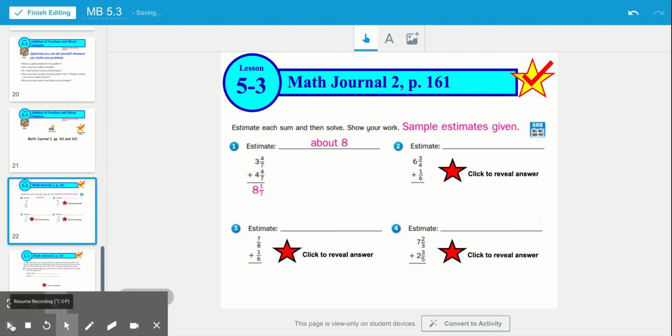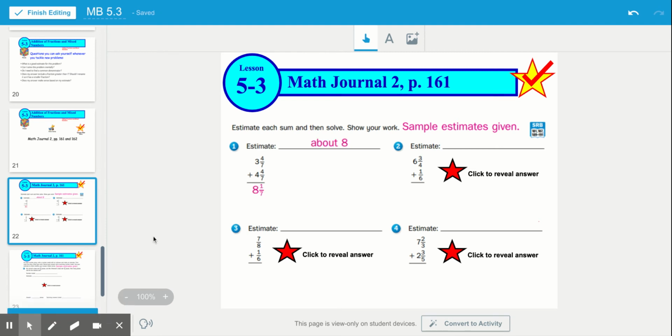Number 1, you can see the estimate is about 8, and the reason they did this was because 3 and 4/7, we could round that up to 4, and then 4 and 4/7, it'd be about 4.5, and so they're just saying, okay, the answer is going to be around 8. You can see that they took 4 plus 4, which would be 8/7, and they did 3 plus 4, which is 7.